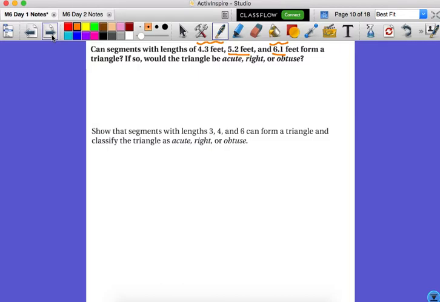So now let's find out which kind. So remember, c is always your biggest number. So we're going to say 6.1 squared. How does that relate to 4.3 squared plus 5.2 squared? So looking at that on the right side, I end up with 45.53, or 45 and 53 hundredths.